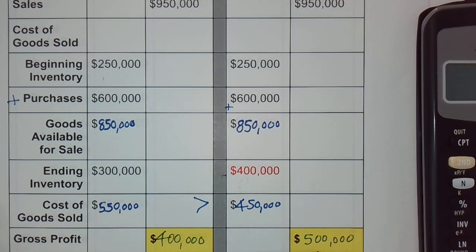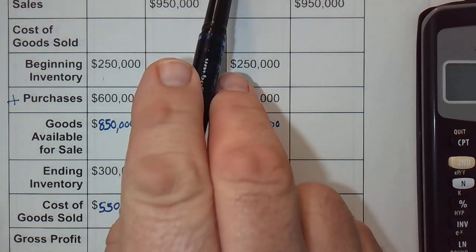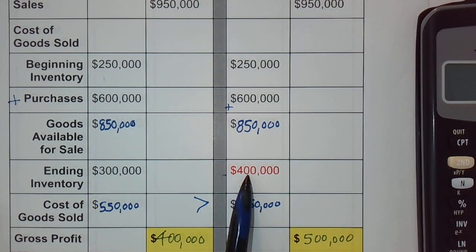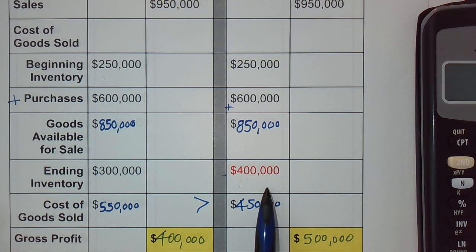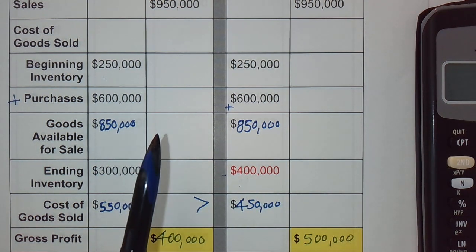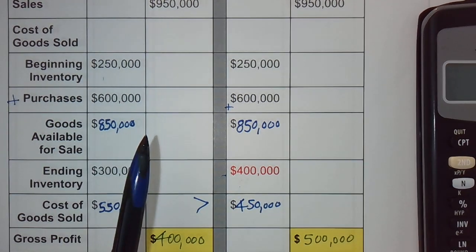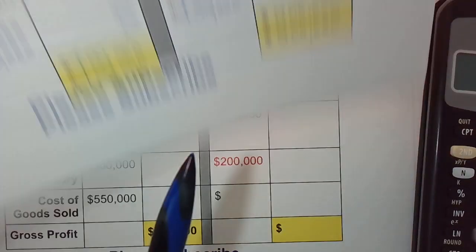Again, our gross profit is higher where we've overstated the ending inventory. Our gross profit should only be 400,000, but in this case it's showing a higher amount because of this error. Let's look in reverse. Let's look at another situation where we've understated, and that will make it even clearer.